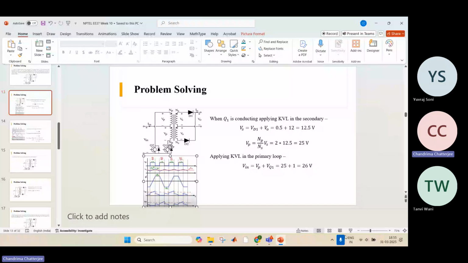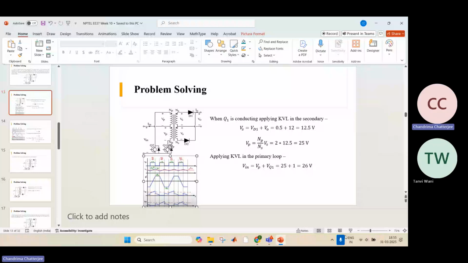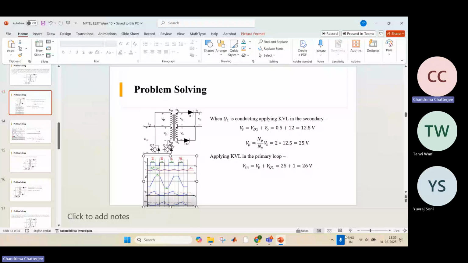This is the output voltage, and we will also have to add the drop across D1 because they have provided us the data, the forward drop of the diode. So this is the secondary voltage. And we also have the turns ratio here. So we can find the primary voltage, which is NP by NS times V secondary. So this is 25 volt.